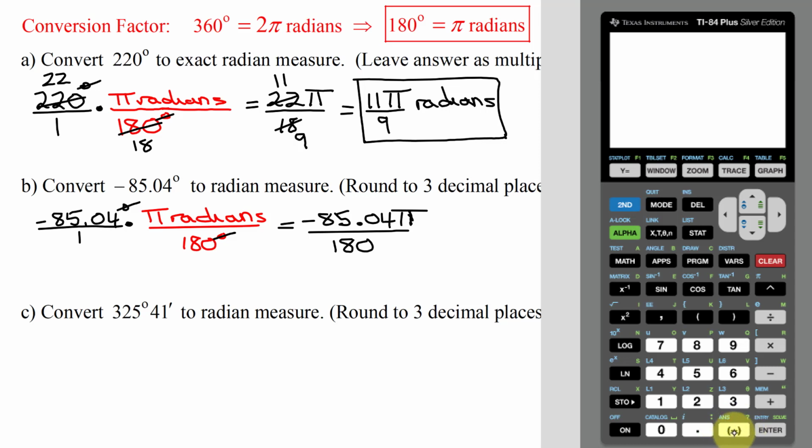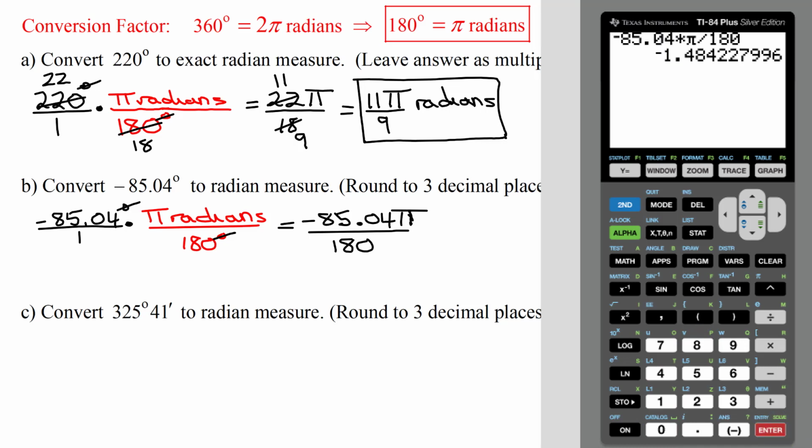So remember, this is negative, that's subtract. So negative 85.04 times pi. I need the accurate version of pi, which is in blue above the caret. So you hit second caret, and then finally divided by 180 and hit enter.